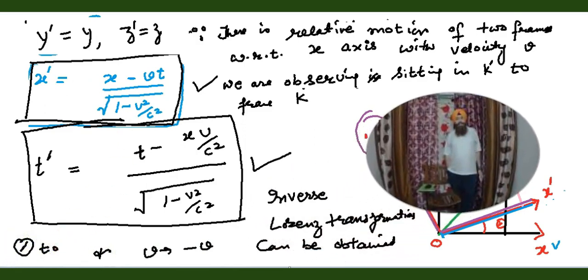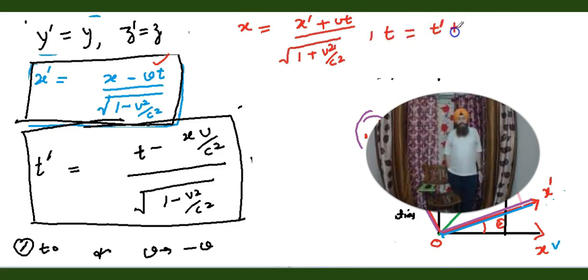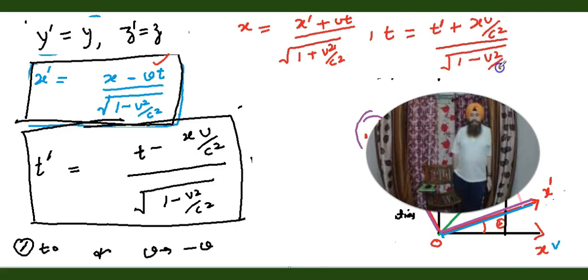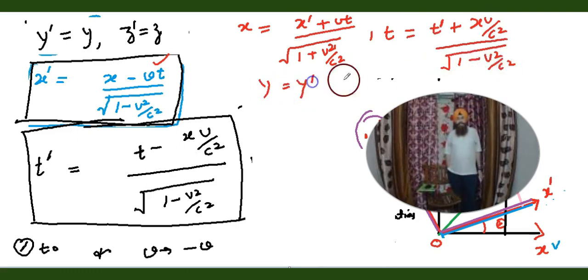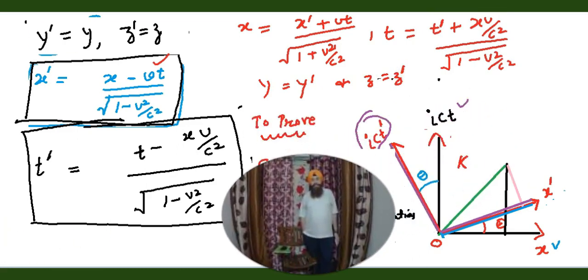Then we'll get the other set of equations called inverse Lorentz transformation equations. So x equals x dash plus vt upon root of 1 minus v square over c square. This is another set of equations.